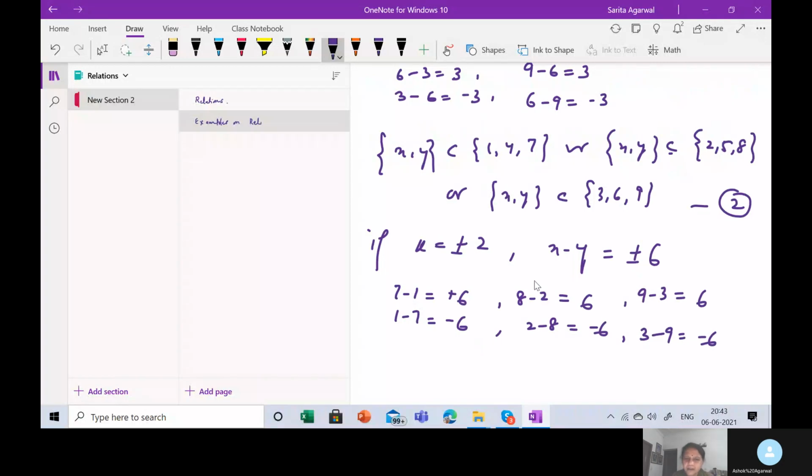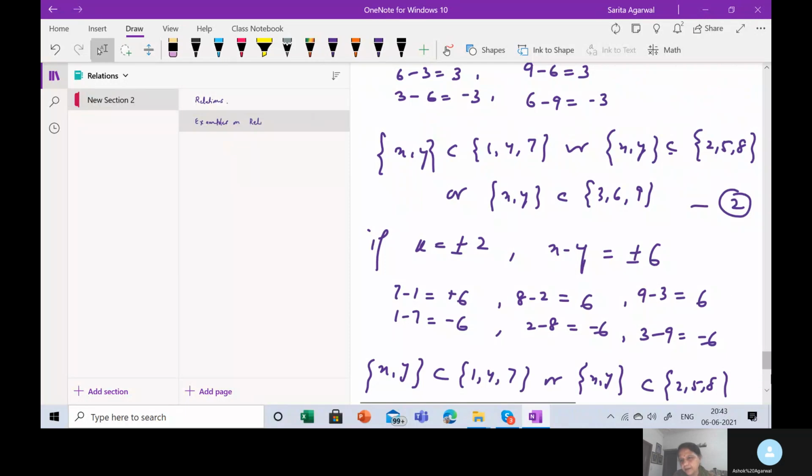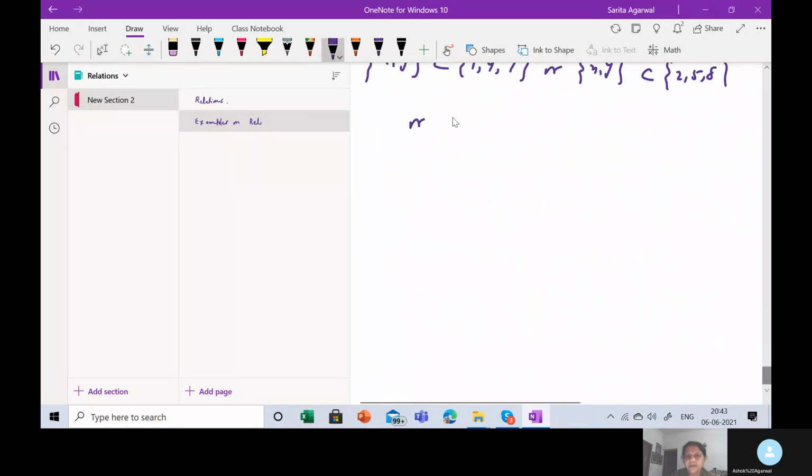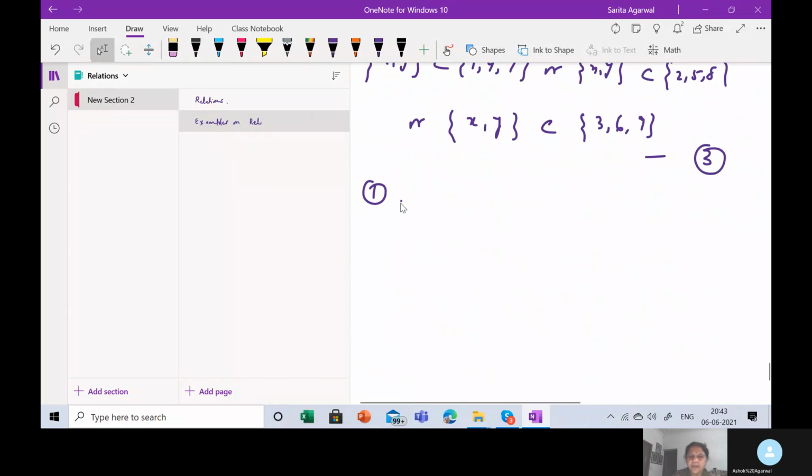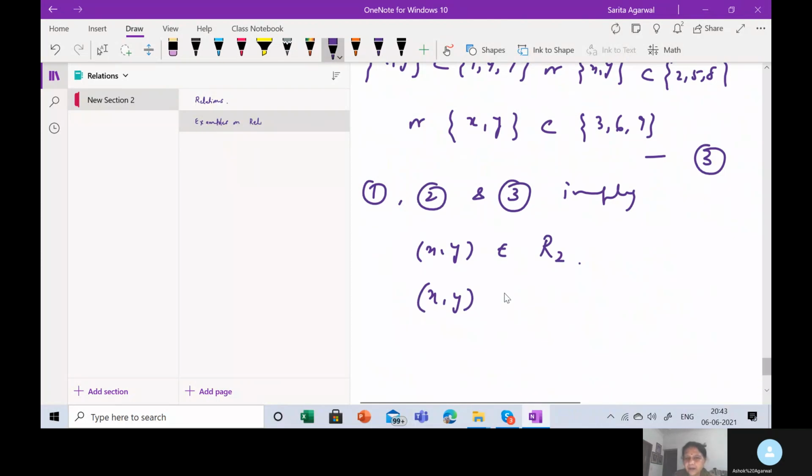And again, this xy are either chosen from 1, 4, 7, or from 2, 5, 8, or from 3, 6, 9. So all these cases imply that xy belongs to R2, but xy belonging to R1 is arbitrary.